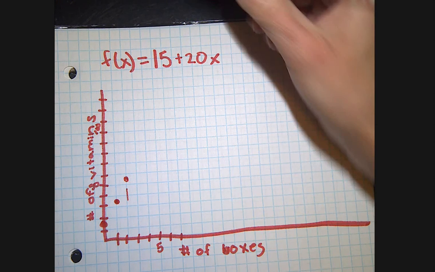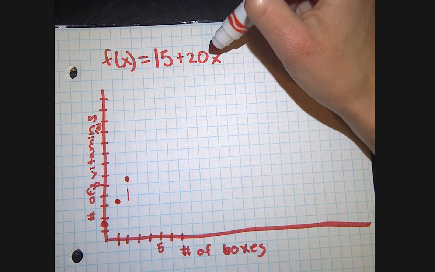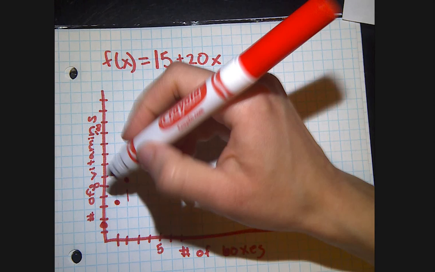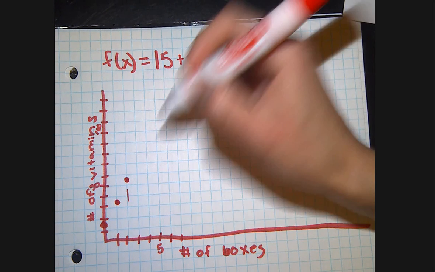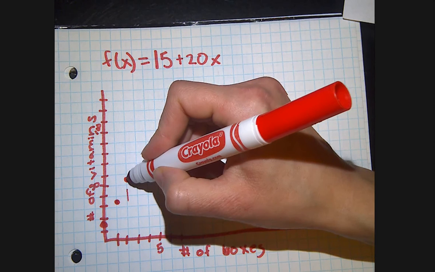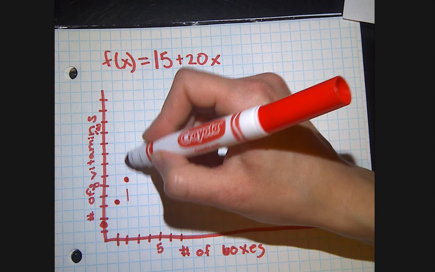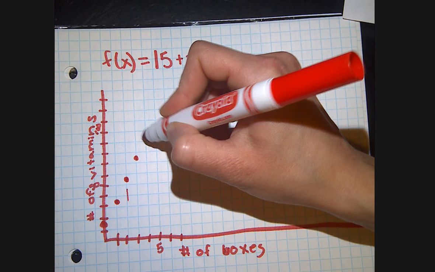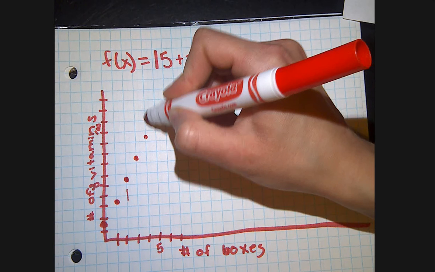And then I'll go one more to 4: 20 times 4 is 80, 80 plus 15 is 95. Really my slope here is 20, so I'm just counting up 20 every time. Rise 20, run 1. Rise 20, run 1.